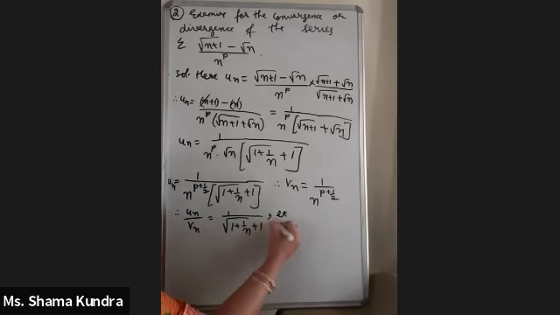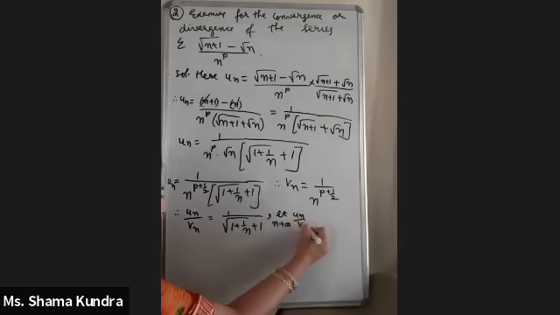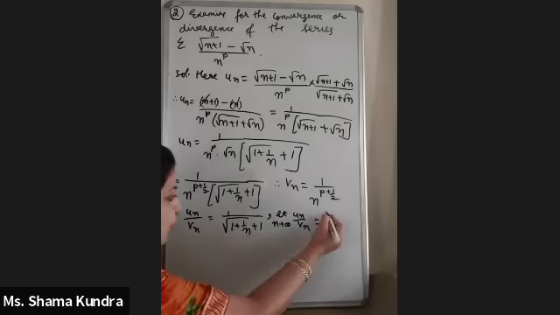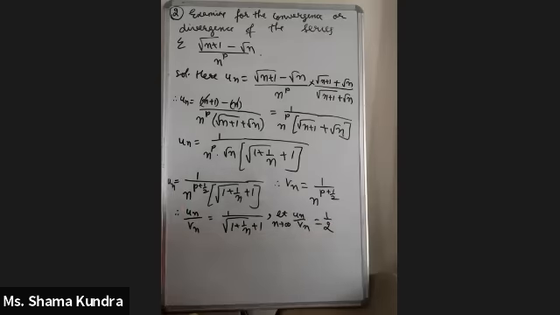So limit n tends to infinity un over vn equals 1 over under root of 1 plus 0 plus 1, that is 1 by 2, which is finite and non-zero.